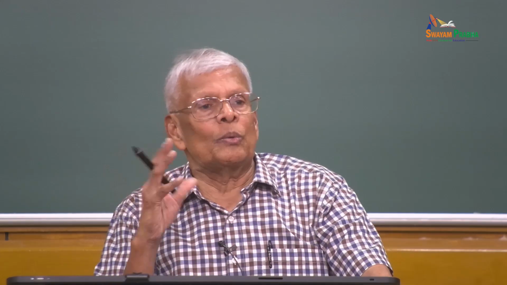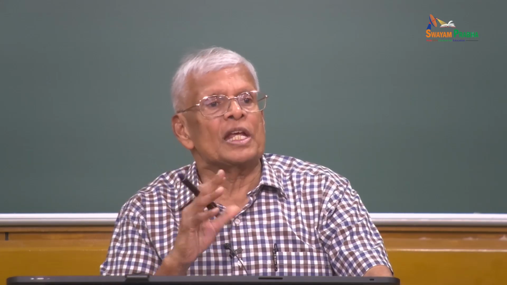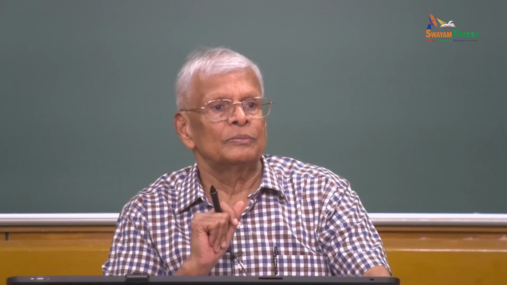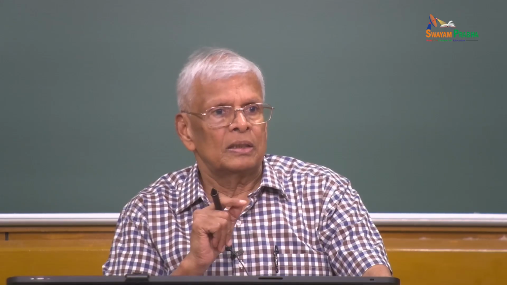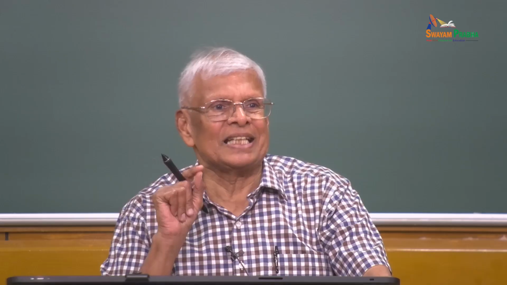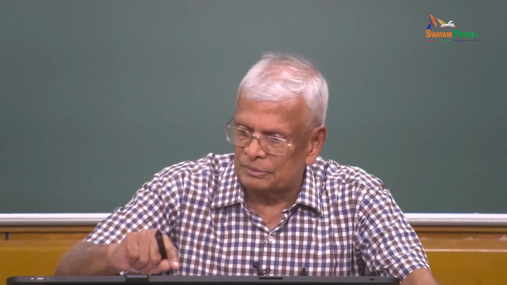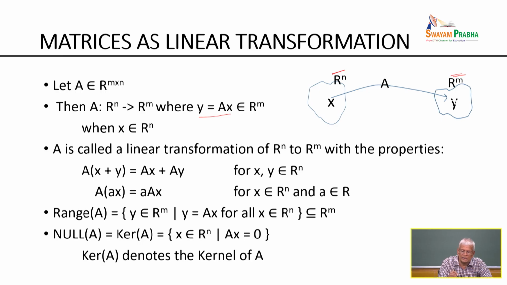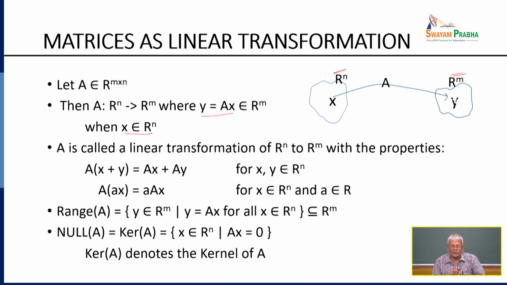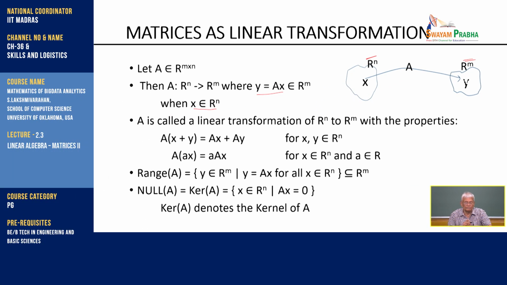Linear, nonlinear, what is the difference? Everything that occurs in the first degree is generally linear. With me? So Ax occurs as the first degree. So Ax to y. x is an n vector, y is an m vector. A is called a linear transformation from Rn to Rm with the following properties.